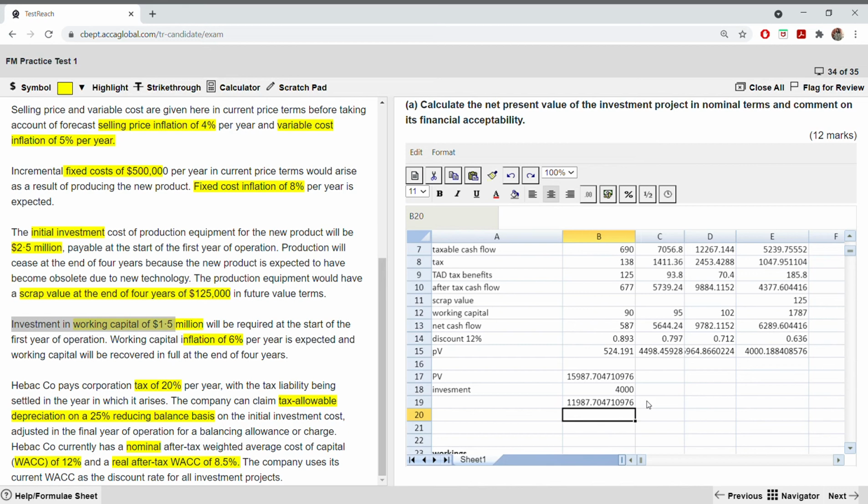If you want, better to round this number; always round your net present value to a whole number at the end. 198, it's positive. Okay, this is the net present value. You can even color it. Okay, net present value. So what are you going to write? You have to write this: net present value is strongly positive and so the project is financially acceptable. You have to write the sentence. Then because it is positive, this will be acceptable.